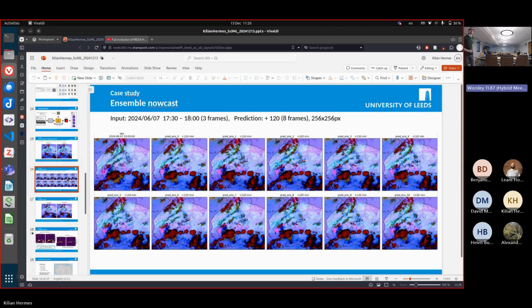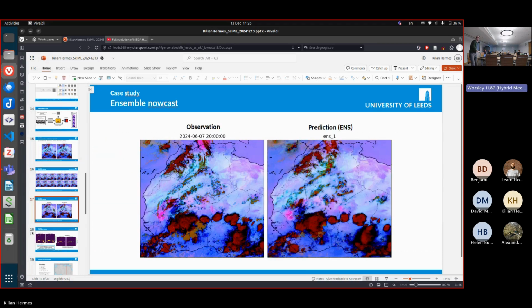All the others are different realizations generated by drawing different samples of noise, denoising that given the same conditional input. You might not see that much here, but if we animate that, with the observation on the left and the prediction on the right, you see quite a bit of difference between these different realizations.